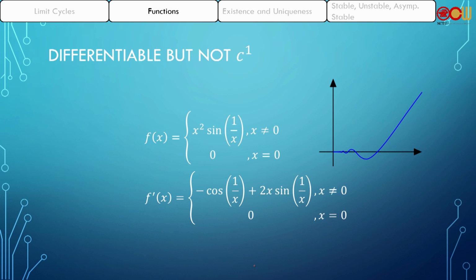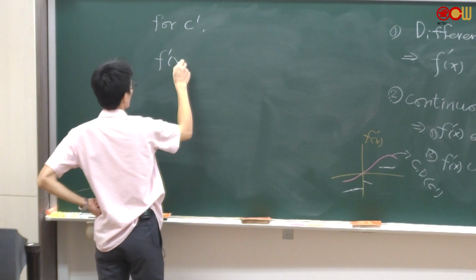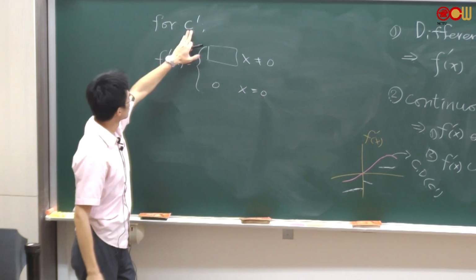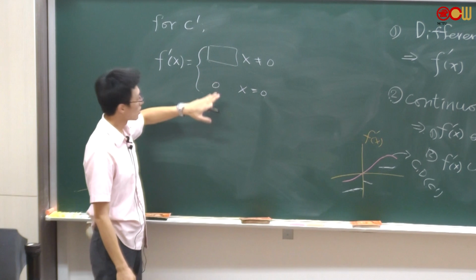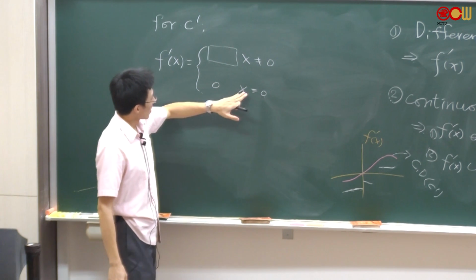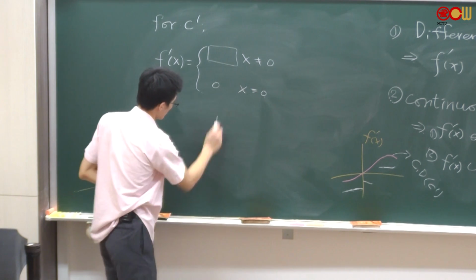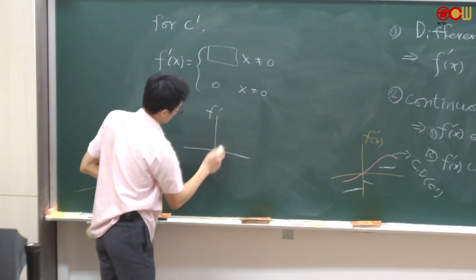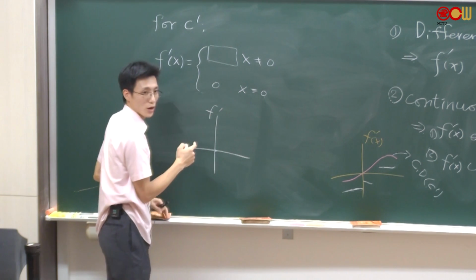But when you take the derivative, if you substitute 0 to here, what will you get? For C1, the derivative of this function has to be continuous. That means it's 0 at 0, but when it's not 0 at 0, there should be no jump for the f prime, right?